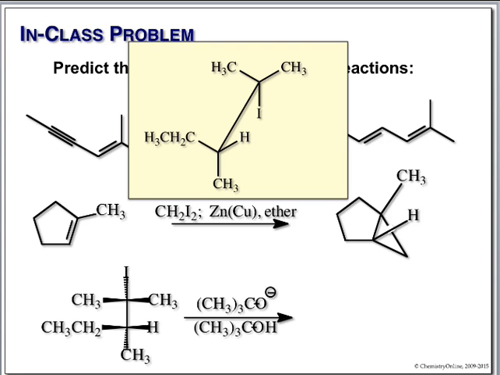Now, in order to do the elimination, we're going to have to rotate around this bond so that the hydrogen and the iodine are on opposite sides and coplanar. We can do this rotation just like that. Hydrogen will be up, the ethyl group will be down here, and methyl over here.